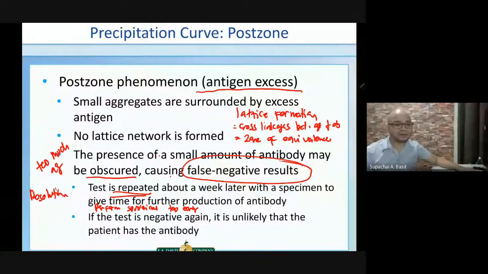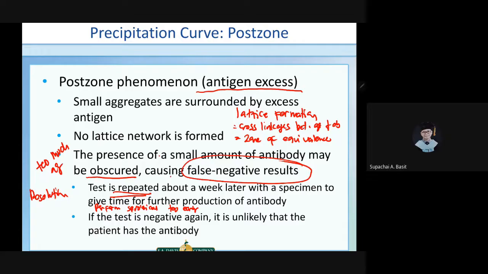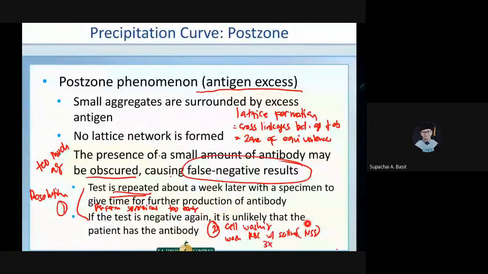So you postpone and perform it a week later, and if the test is negative again, it is unlikely that the patient has the antibody. This would be the first resolution. The second resolution is cell washing, meaning you wash RBCs with normal saline solution 3 times. That's actually one of the activities in serology and in blood banking.